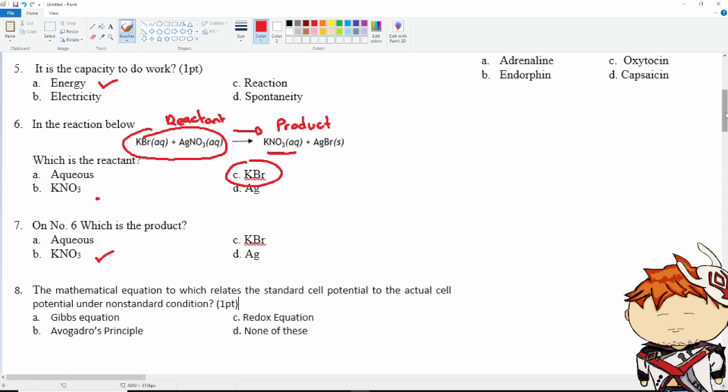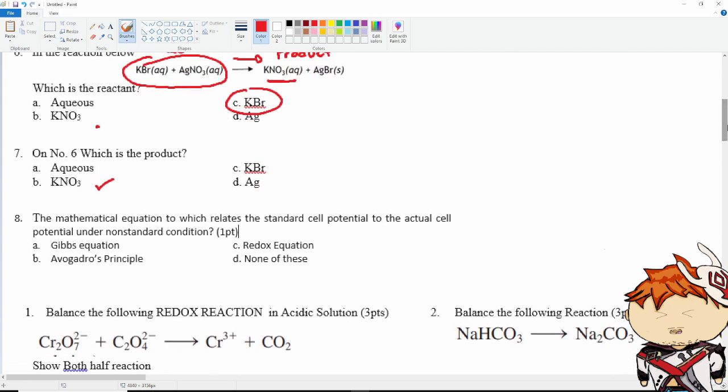That's it. The mathematical equation which relates the standard cell potential to... Oh, okay. Standard cell potential, there's only one guy. Avogadro is about atoms.